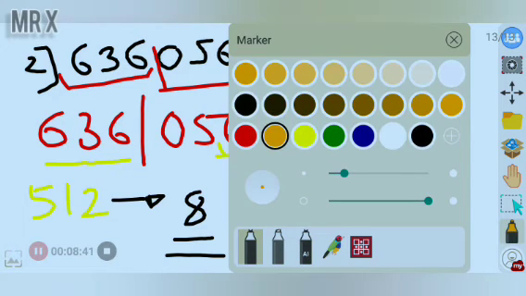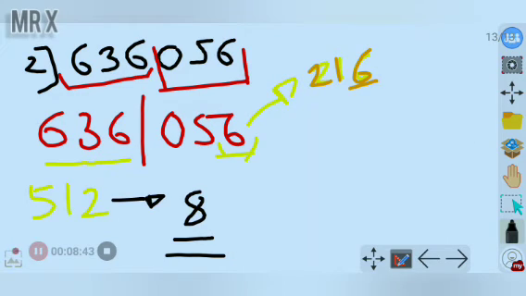So the end digit of our cube root becomes 6. So the cube root of our question, 636056, is 86. This is our answer.